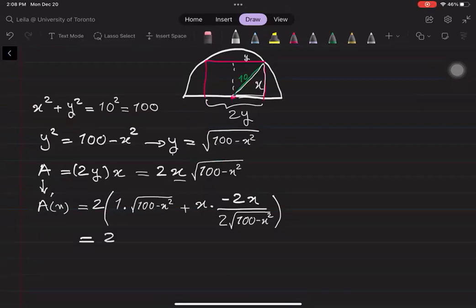So first you can simplify this. You have 2 square root of 100 minus x squared plus, the 2's cancel, so you have minus x squared over the square root of 100 minus x squared.